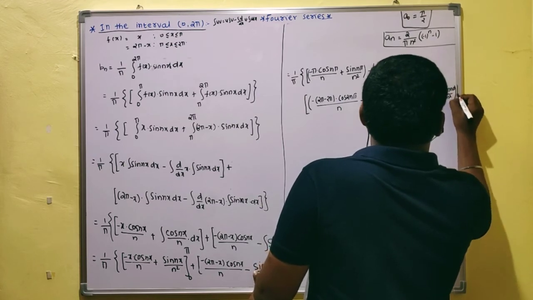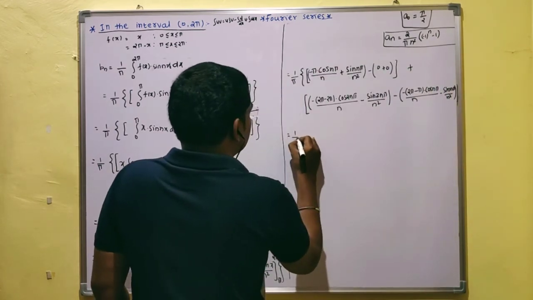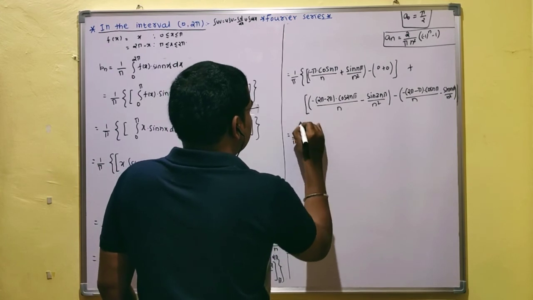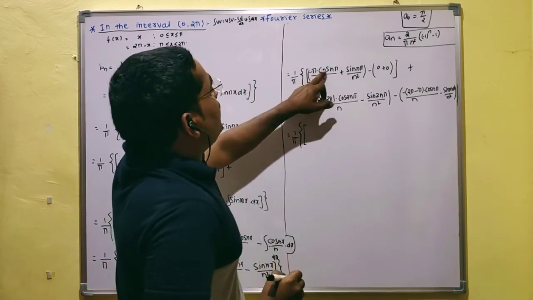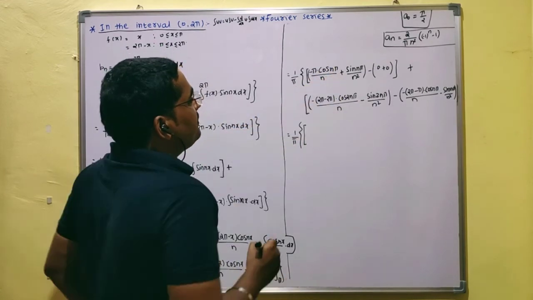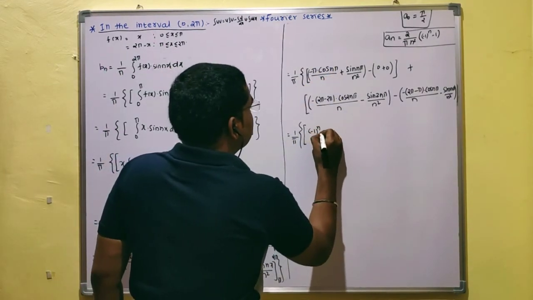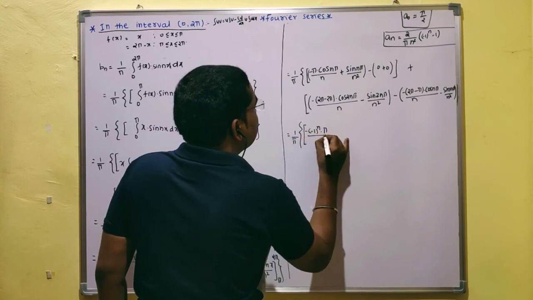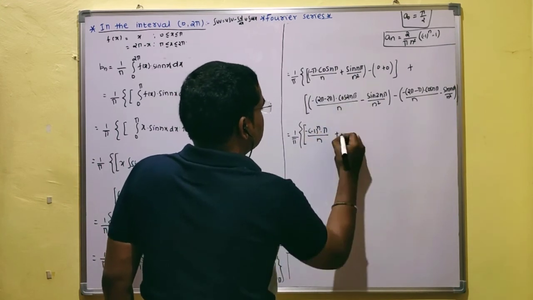Okay, this is our result, which is equal to 1 upon pi as it is in this bracket. Now this cos n pi, what is the value of cos n pi? Minus 1 to the power n, into minus pi divided by n; sin n pi is 0.